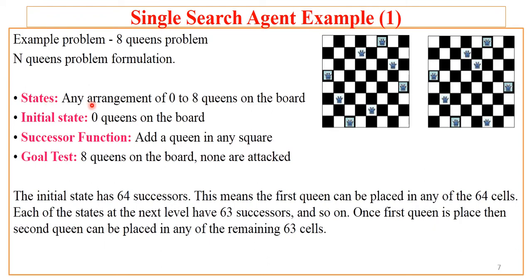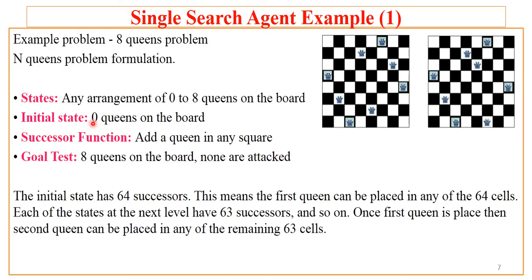States are arrangements of the board wherein you can have no queen on the board, only one queen, or 2 queens, 3 queens, or at most 8 queens on this 8 by 8, that is 64 cell, board.